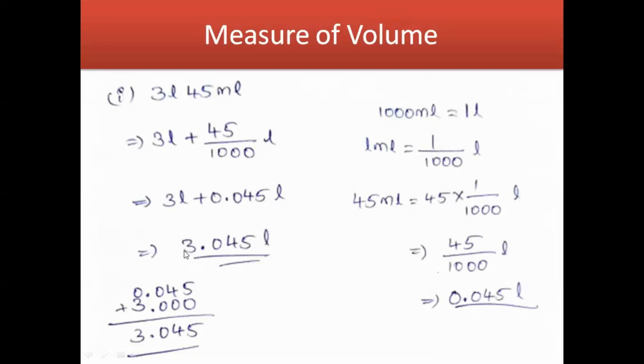Now see 0.045 plus 3.000. 5 plus 0, 5. 4 plus 0, 4. 0, 0. Point. 0 plus 3, 3. 3.045 liters.